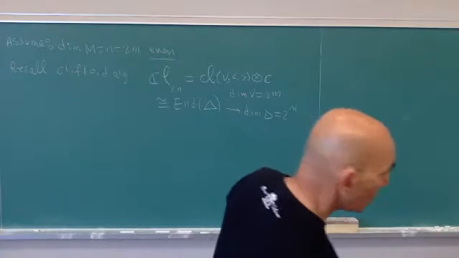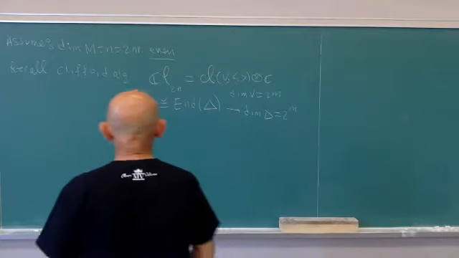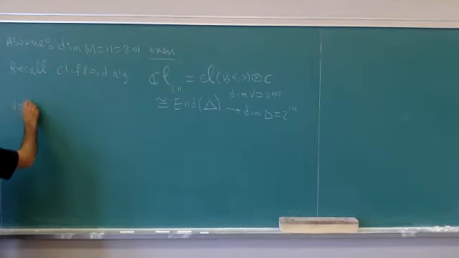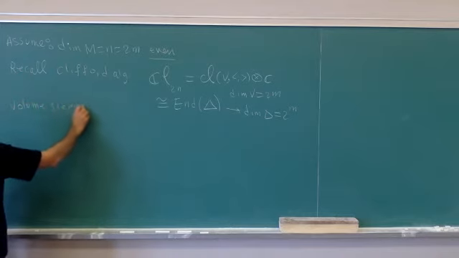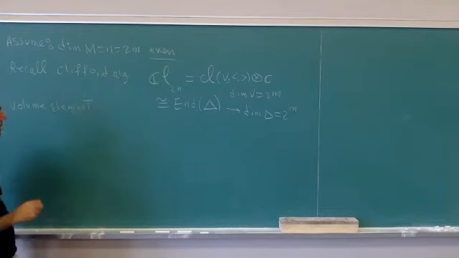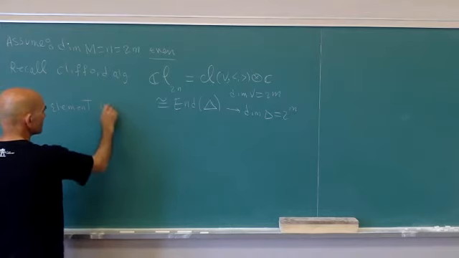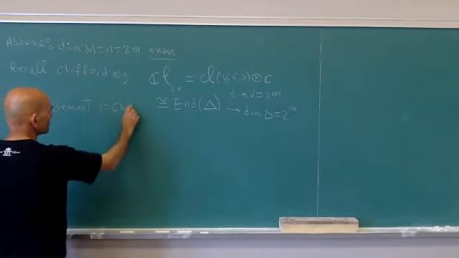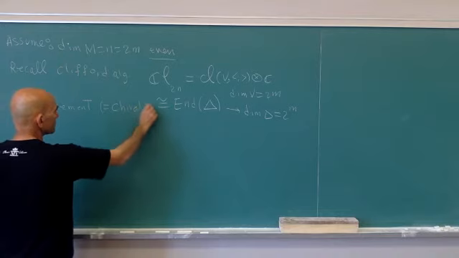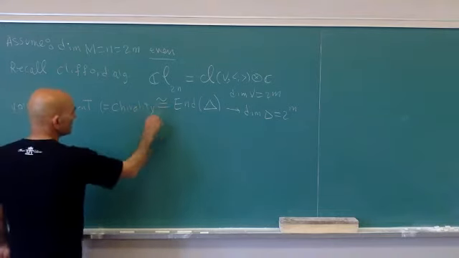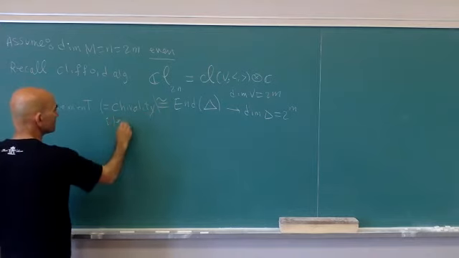Now there is an element here which is very important. That element is called the volume element. I believe this is also the chirality element, because it defines the handedness, really.